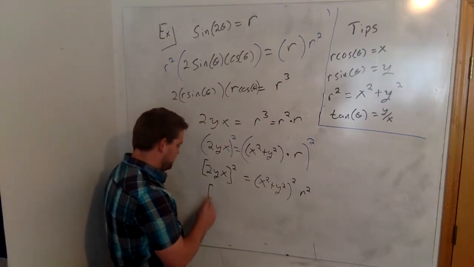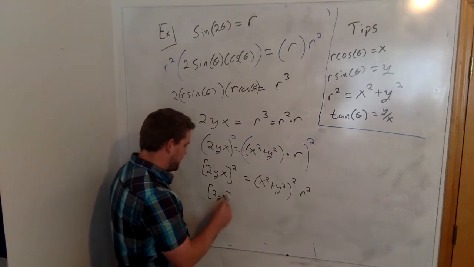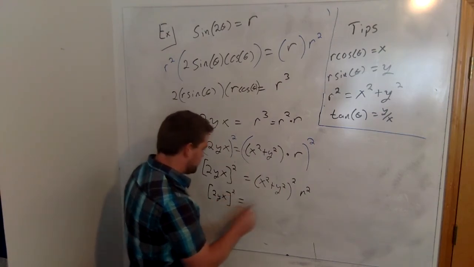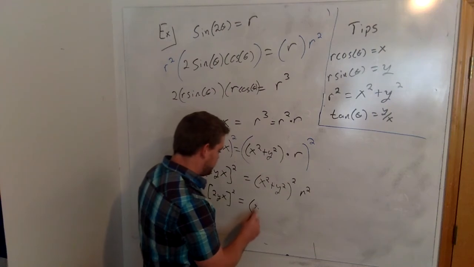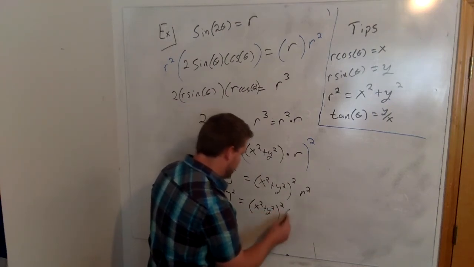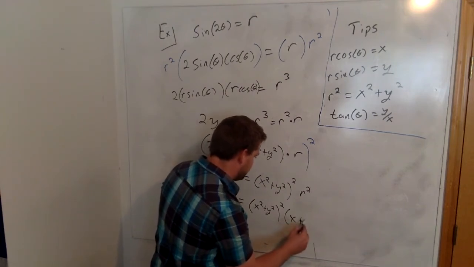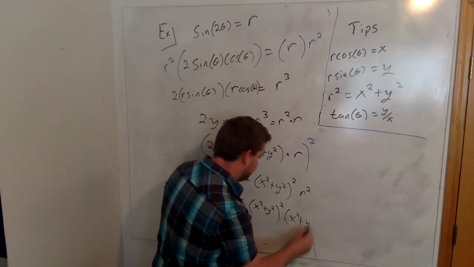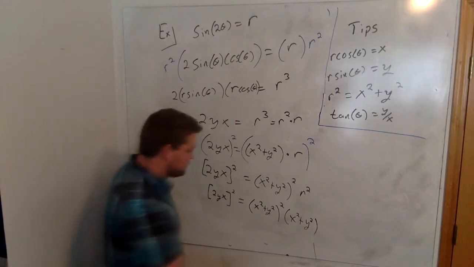So here we're going to get 2yx quantity squared, and that's going to be equal to x squared plus y squared squared, and now I can make this an x squared plus y squared. Okay, let's move this up over here.